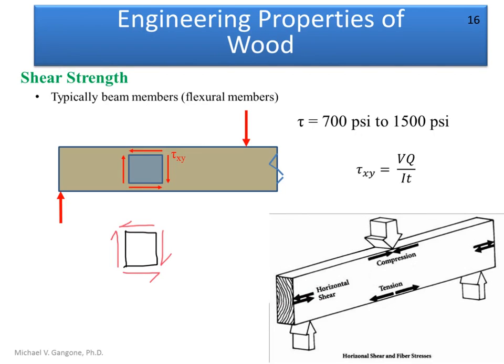All right, so if you drew the shear diagram for this particular load case, you would notice that there's shear in this region and also shear in this region. Okay, so wherever we see maximum shear is probably where we're going to see shear failure occurring, because this is where the highest shear force is occurring. Okay, so the highest shear force is going to produce the highest shear stress. Right.